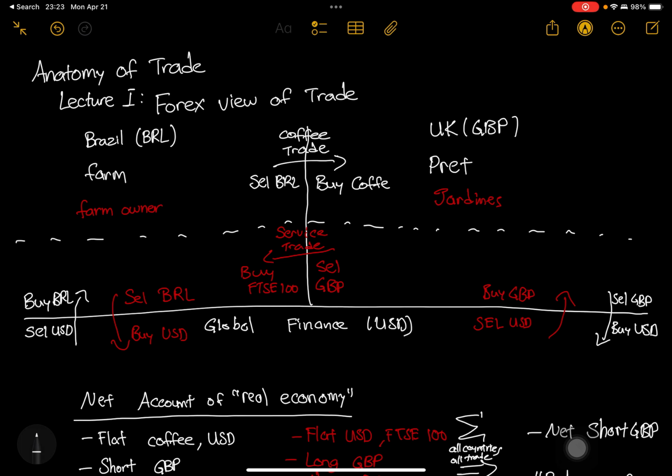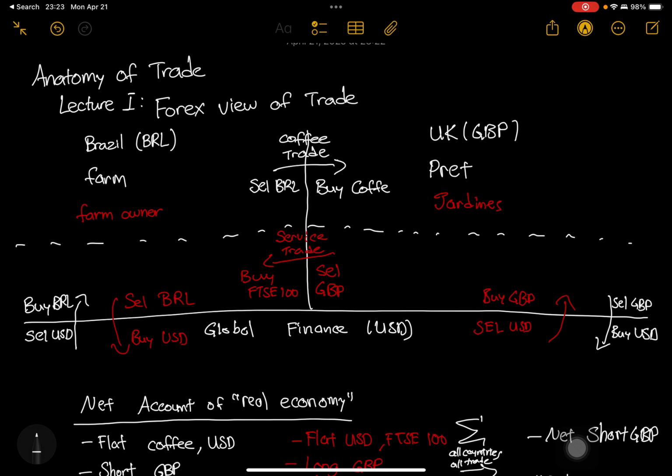If you talk to an accounting person, they'll tell you about accounts payable and accounts receivable. That's the nitty-gritty of how this actually works. But the currencies themselves don't really move, in a sense.